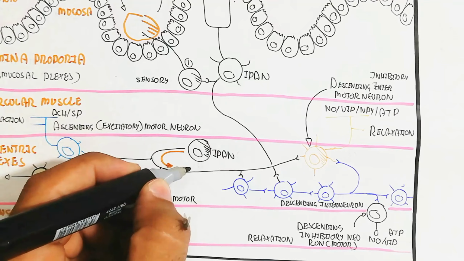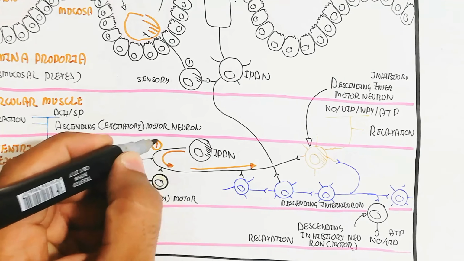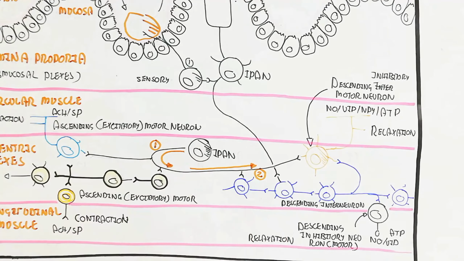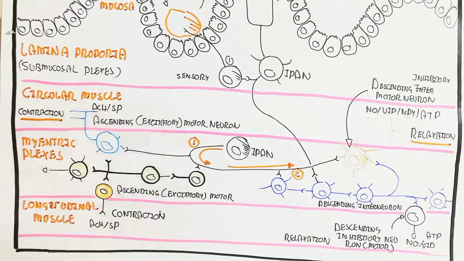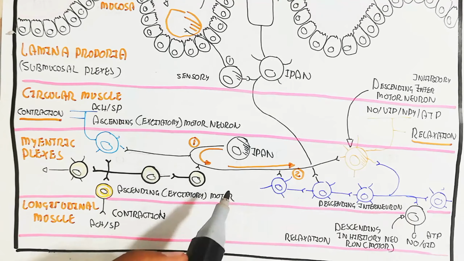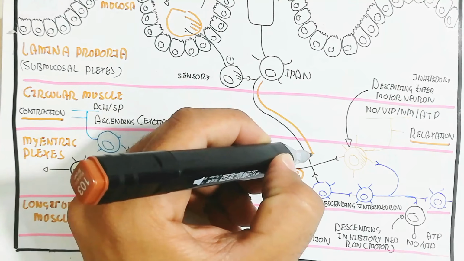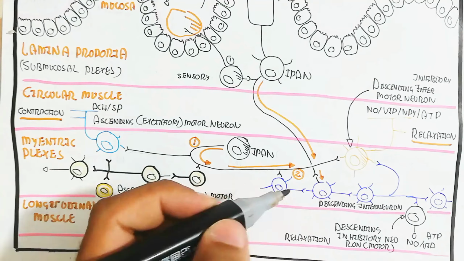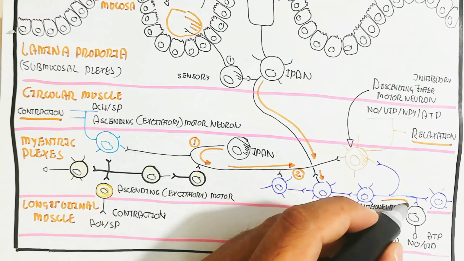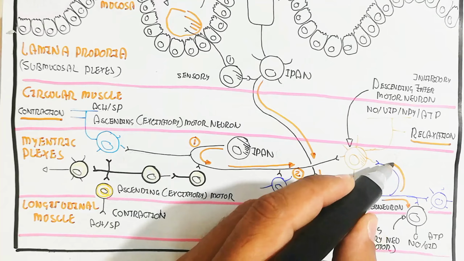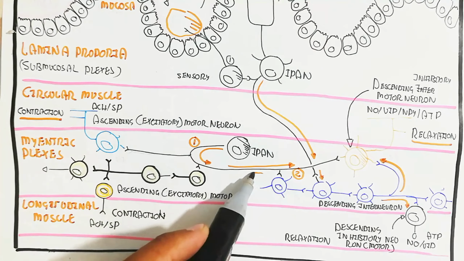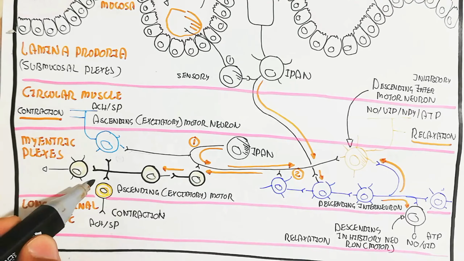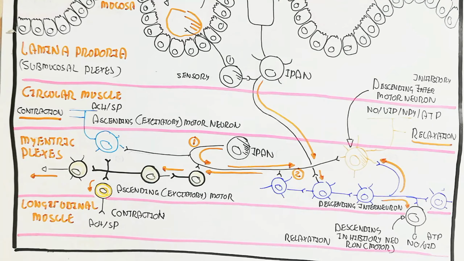This IPAN basically gives the signal number one for the contraction, and after this, inhibition of the contraction will lead to relaxation. In this way the descending inhibitory motor neuron will inhibit the contraction while creating the relaxation. By this also the descending inhibitory motor neuron, in this way the relaxation will occur, and the contraction and relaxation.